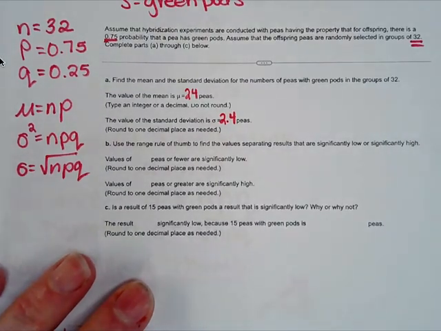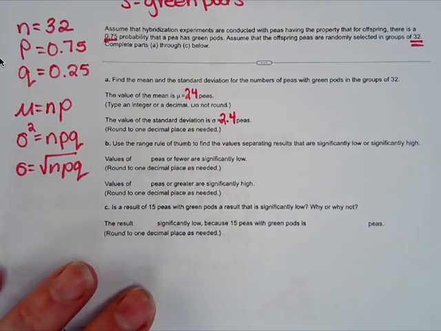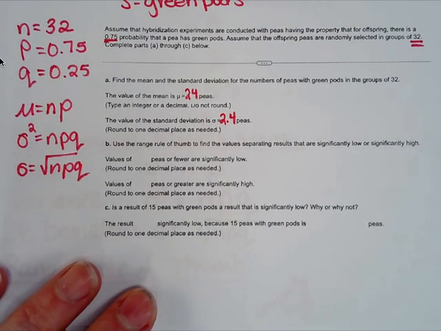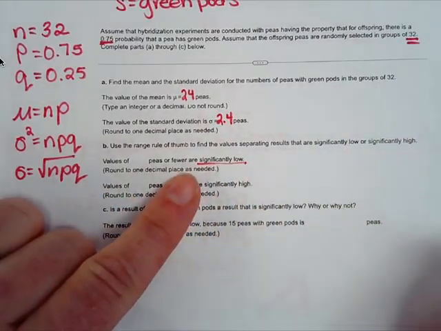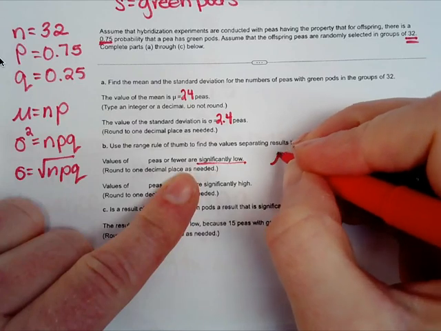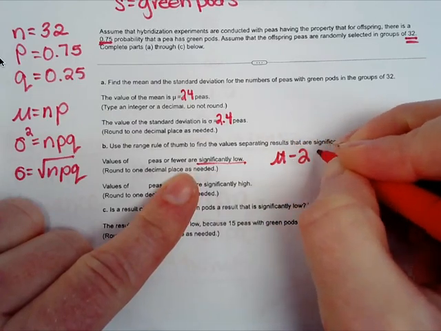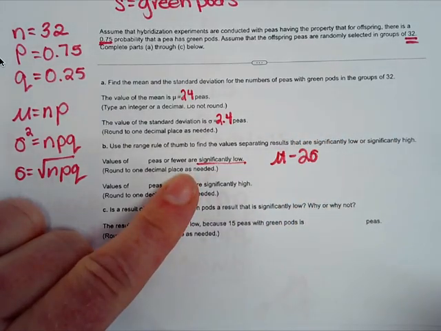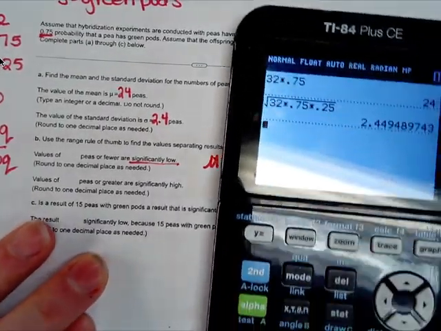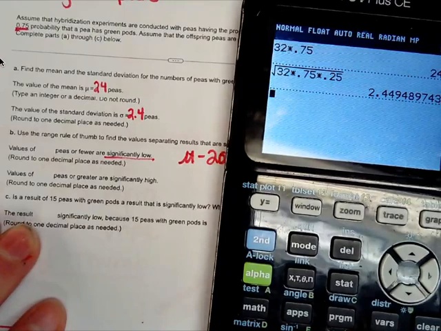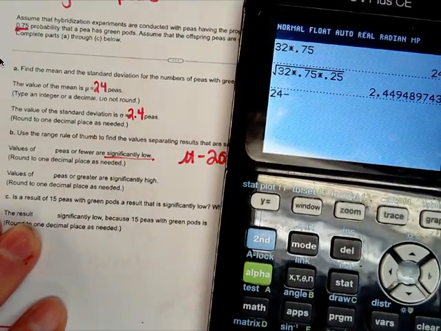Use the range rule of thumb to find the values separating results that are significantly low and significantly high. So let's look at significantly low. To find significantly low, you're going to take your mean and subtract 2 standard deviations. What you can do is use what we found, 24 minus 2.